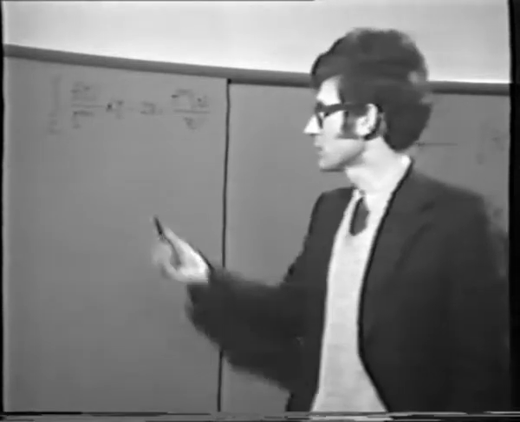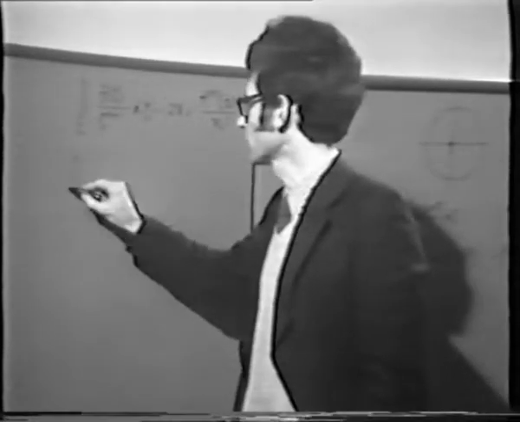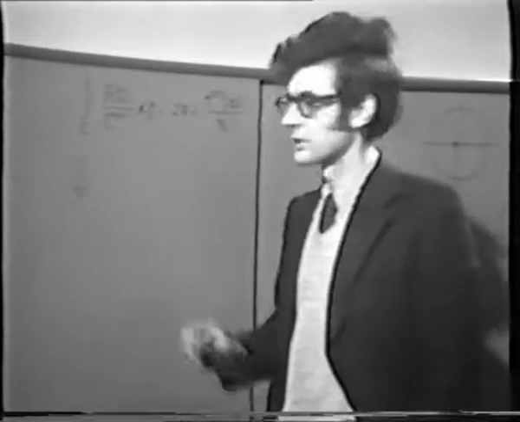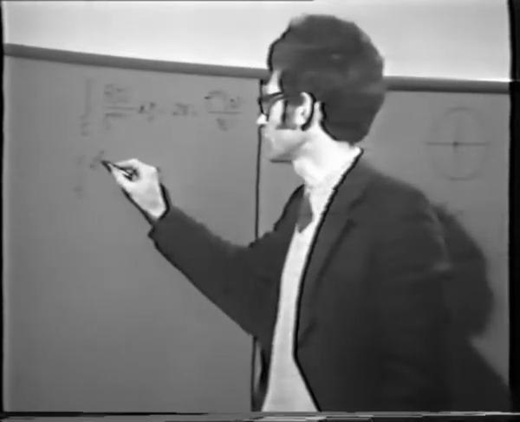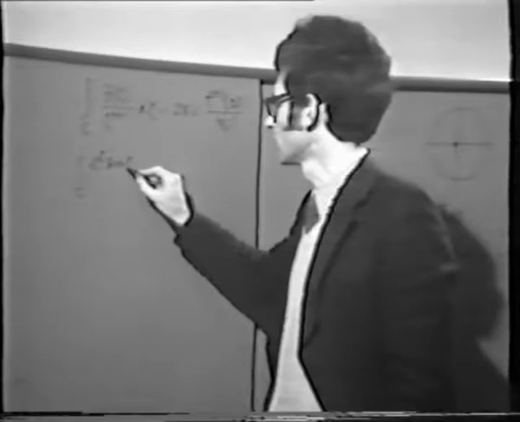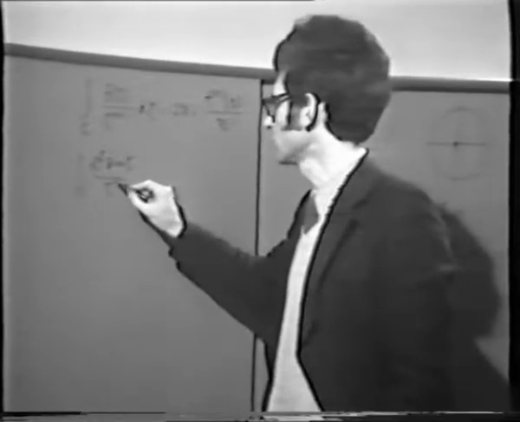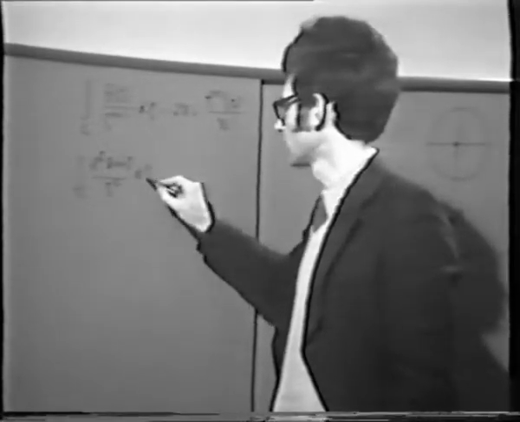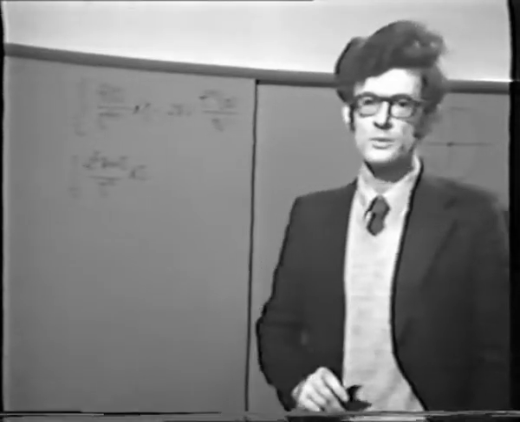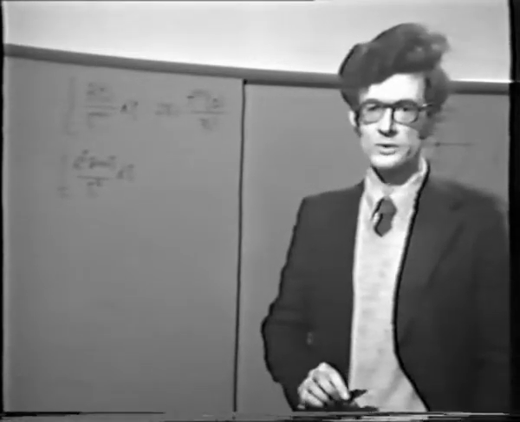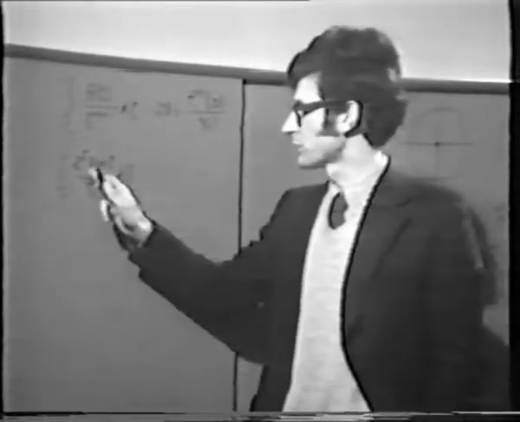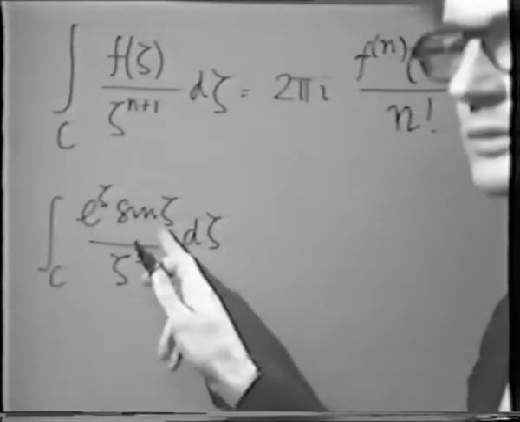Here's another example. Integral over the unit circle again, e to the zeta sine zeta over zeta cubed d zeta. Now if I'm going to evaluate that integral by using Taylor series, I must find the Taylor series of this function.